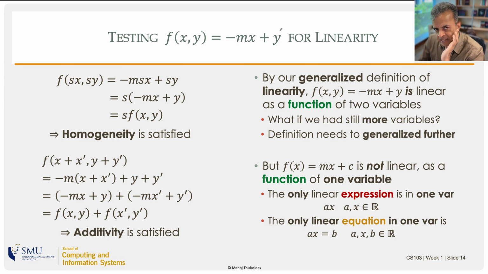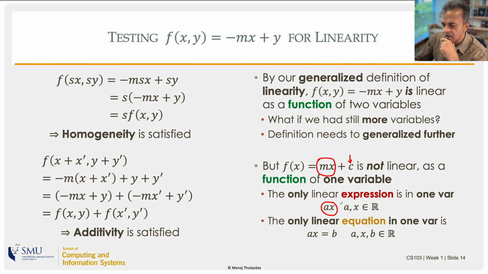Now let's take one more step and make the statement that f of x equal to mx plus c is linear only if c is 0. That means the only linear expression in one variable is mx. So instead of m, let me call it a.